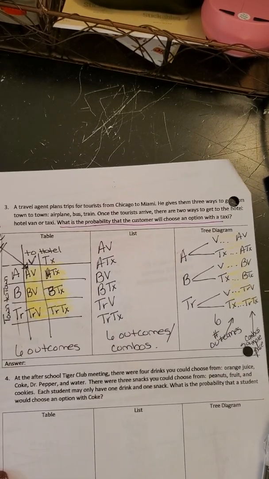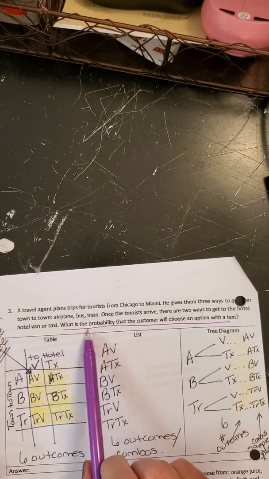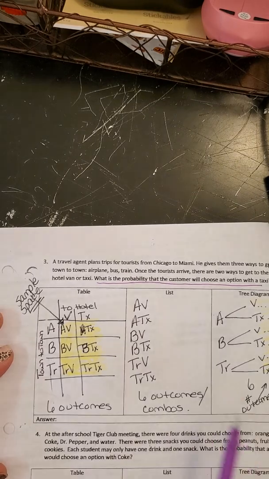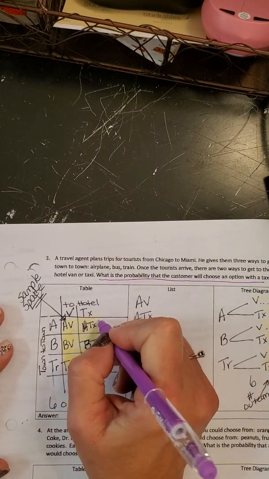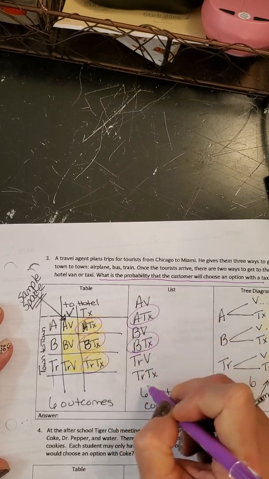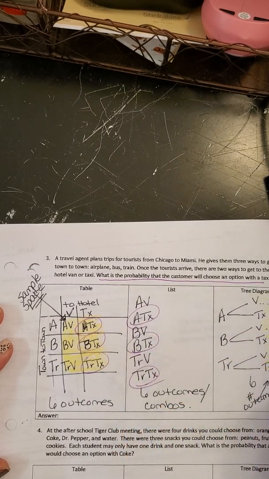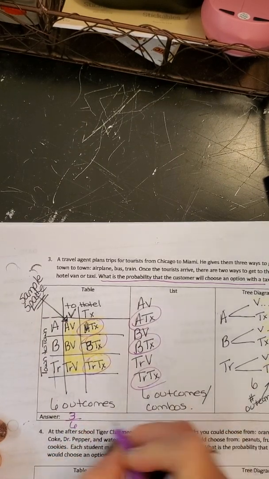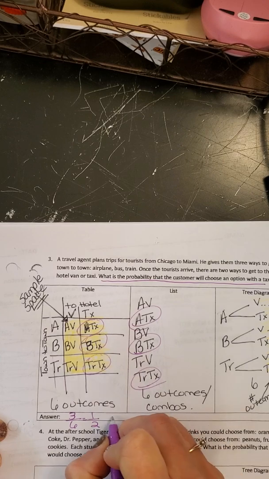Now let's go back to our question. What is the probability that the customer would choose an option with a taxi? So we're looking for options with taxis. So our options with taxis is 3 out of 6, which is 1/2.